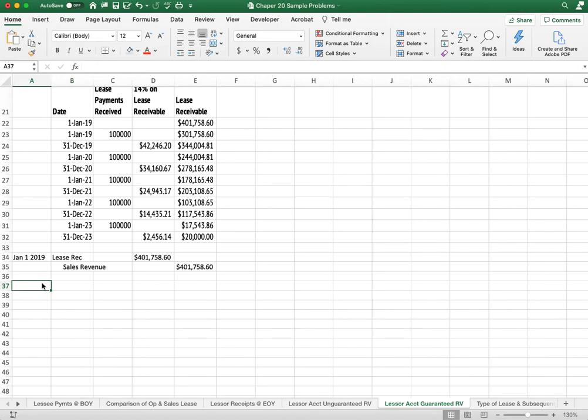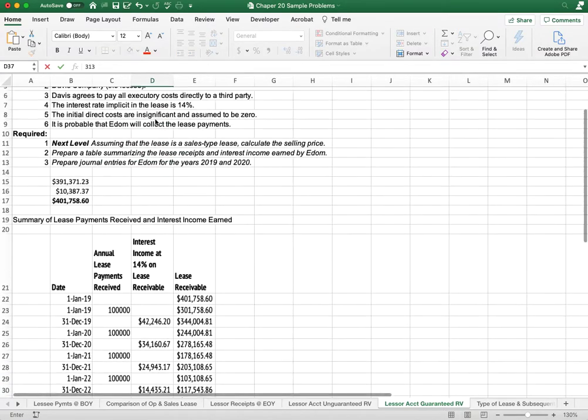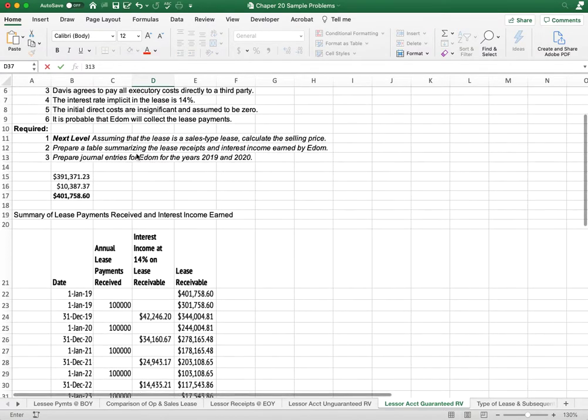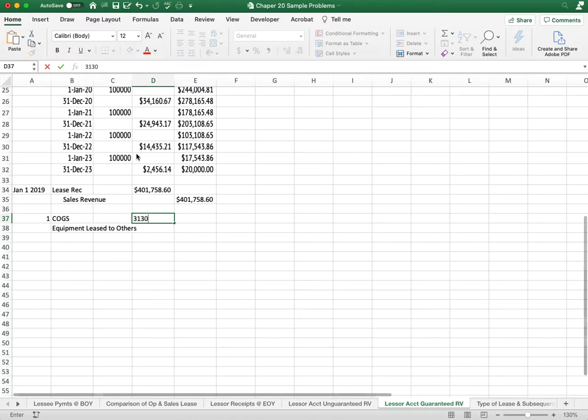Then on the first, we'll do our cost of goods sold and our equipment leased to others. Can't seem to type today. For the $313,000 that was given up here.